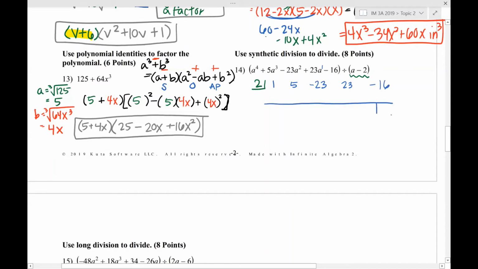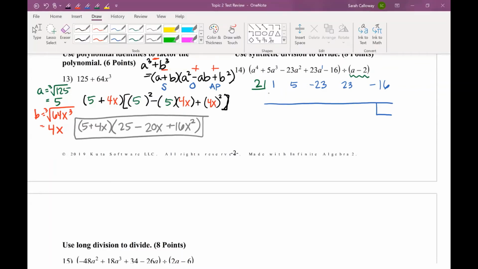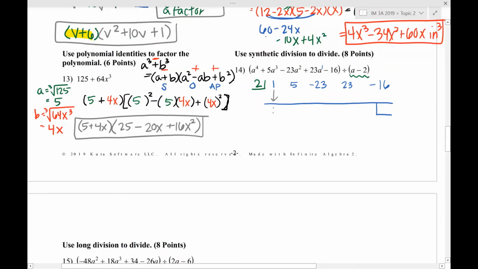So for this one, we are going to have to write our answer. And so we want to go through and find all of our coefficients first. So our leading coefficient is going to drop down and be 1. 2 times 1 is 2. 5 plus 2 is 7. 7 times 2 is 14. 14 minus 23 is negative 9. 2 times negative 9 is negative 18.